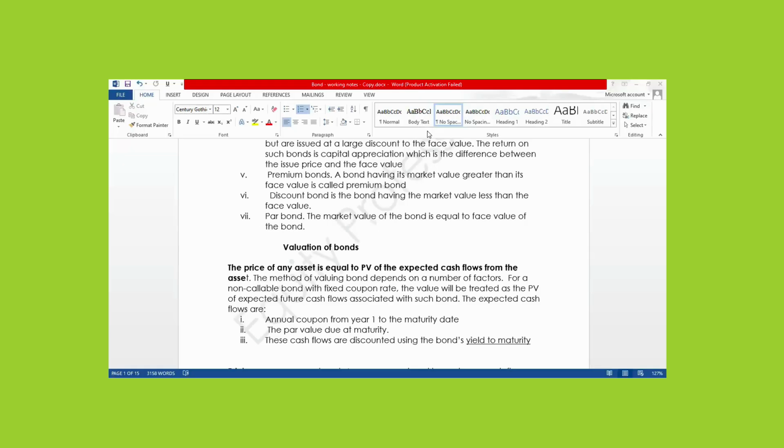All right. Valuation of bond. How can we value a bond? How can we determine the price of a bond?